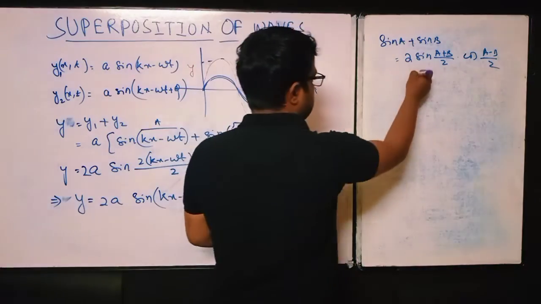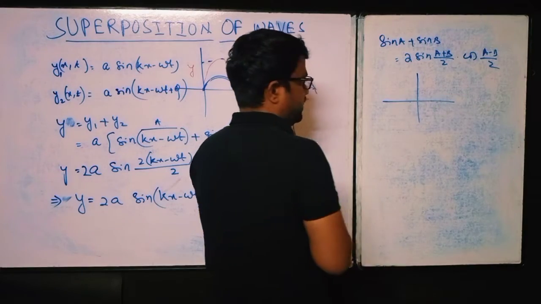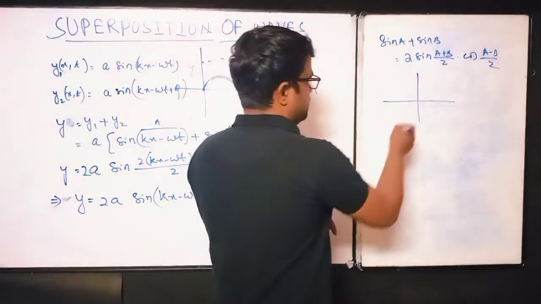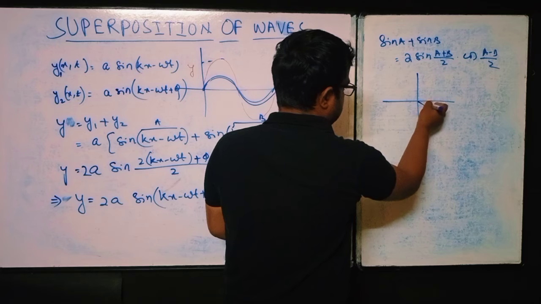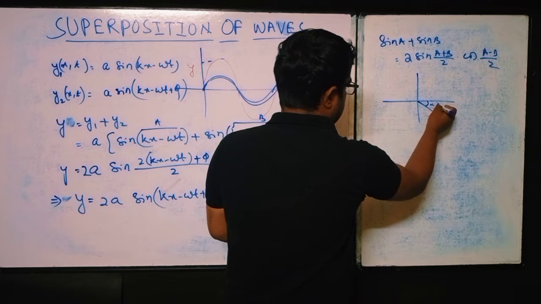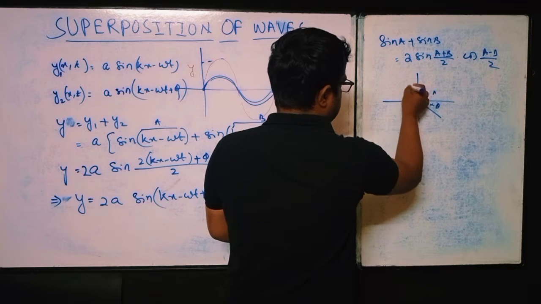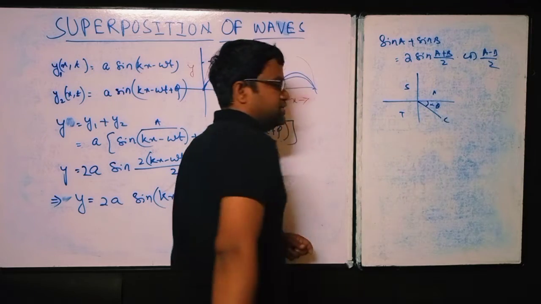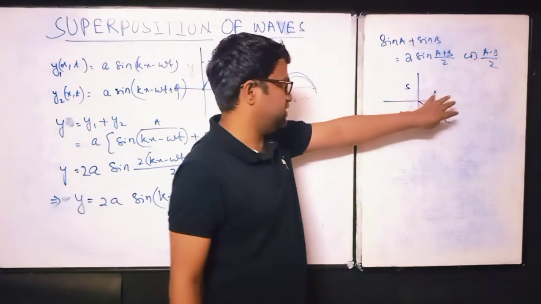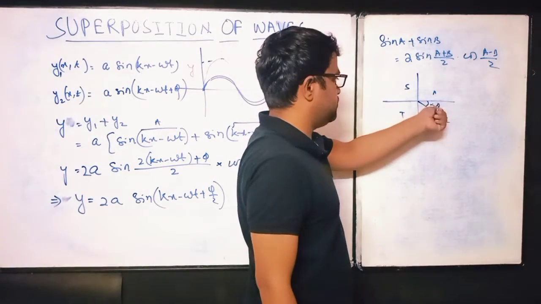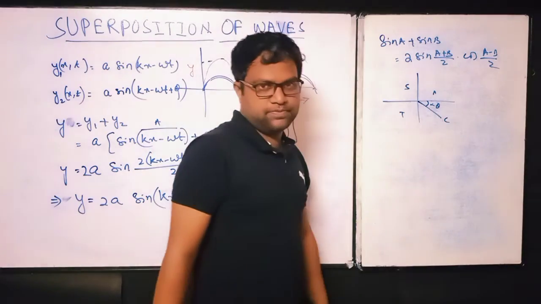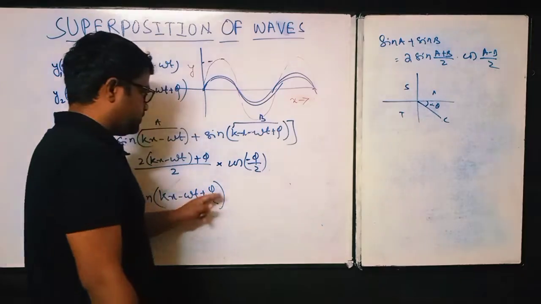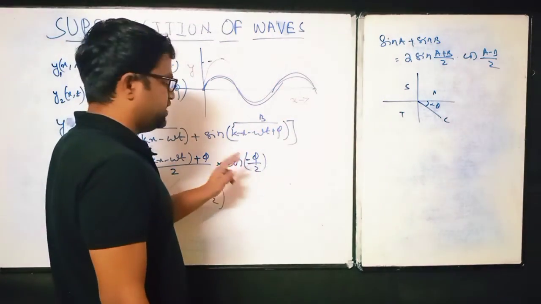Also from the ASTC rule, you know that for cos minus theta, in this quadrant all are positive, sine is positive here, tan here, and cos and sec are positive in this quadrant, so cos is positive and cos minus theta becomes cos theta.